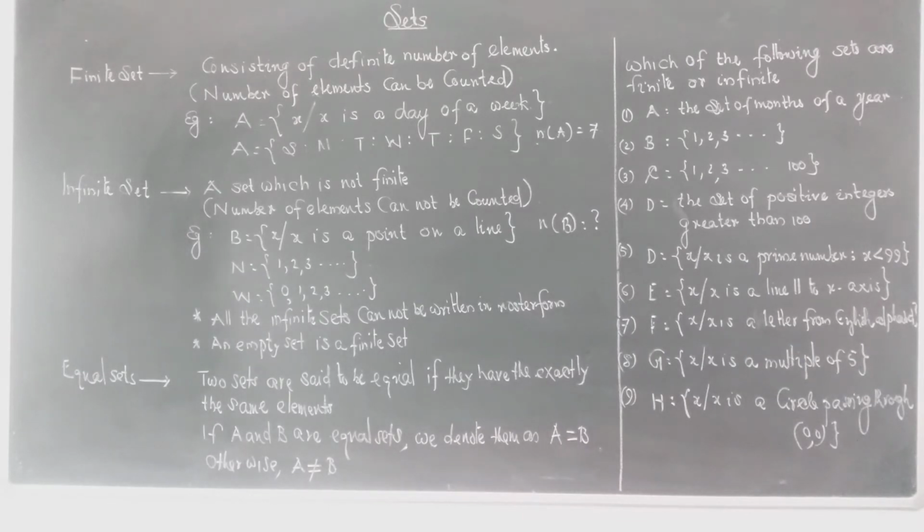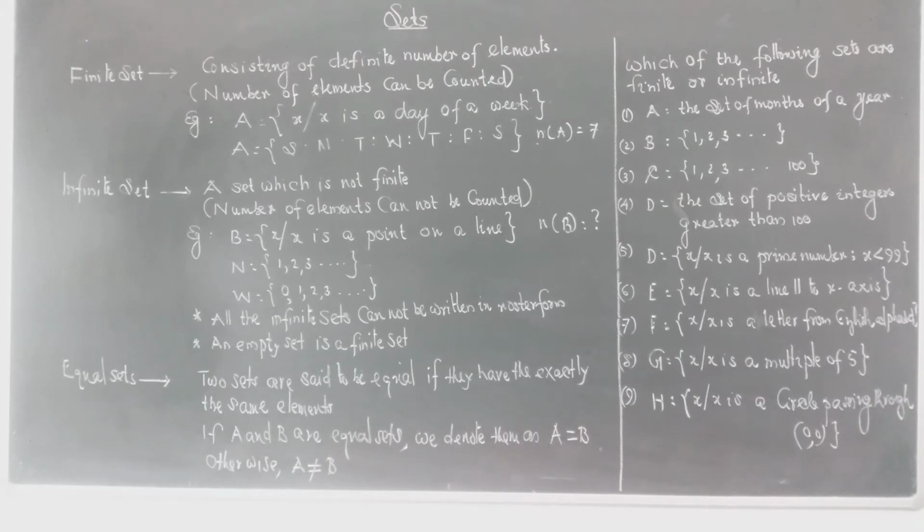Last day we have seen that this method is known as the set builder form. And if you want to learn something about that, you just see the main portion of that set. X is a day of a week. So x must be a day, any day, no problem. And it must be a day of a week.